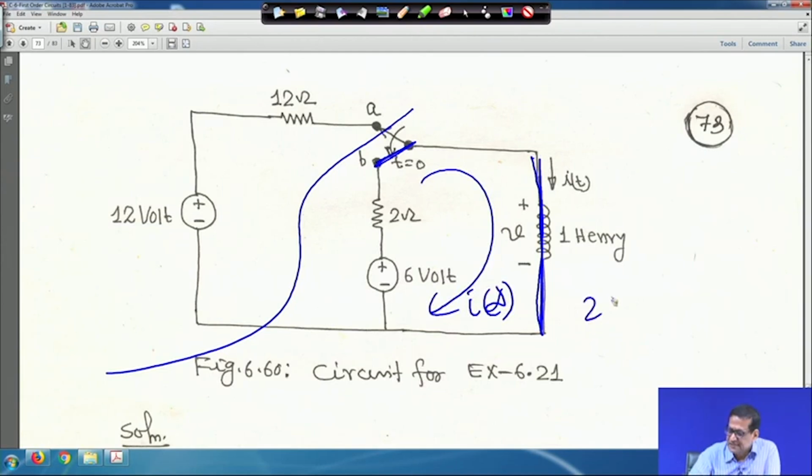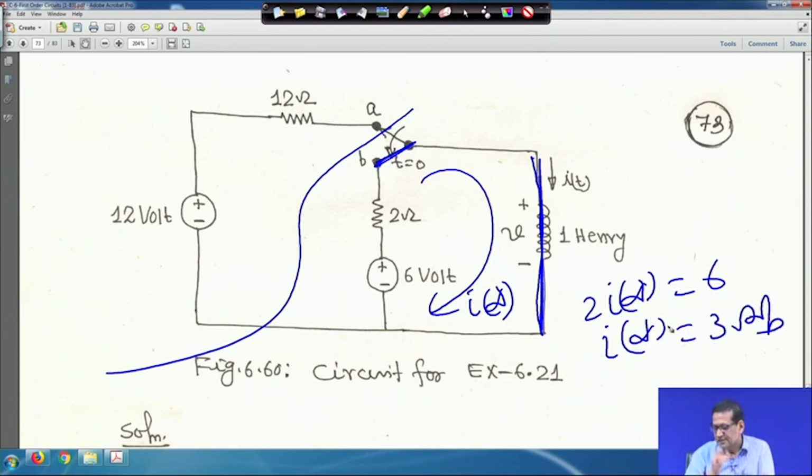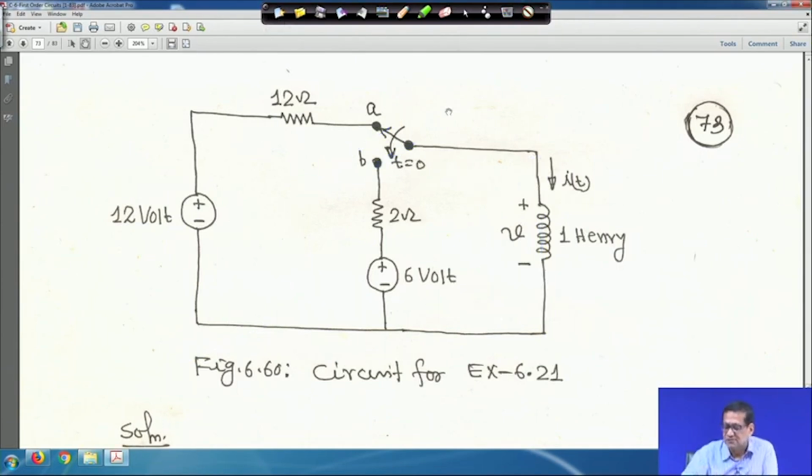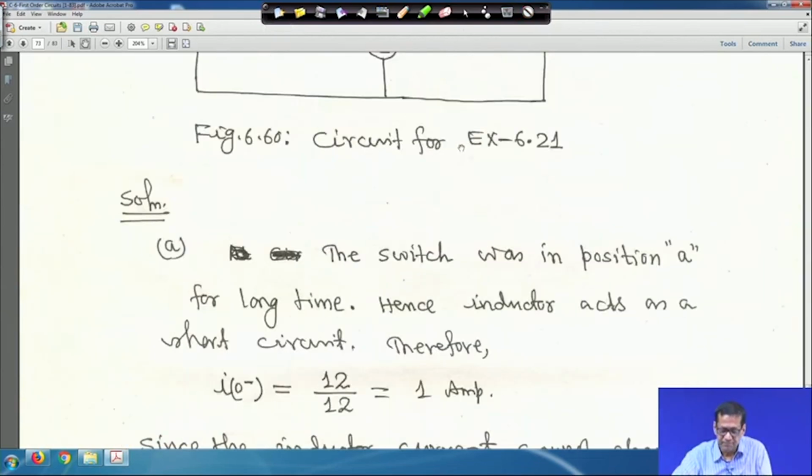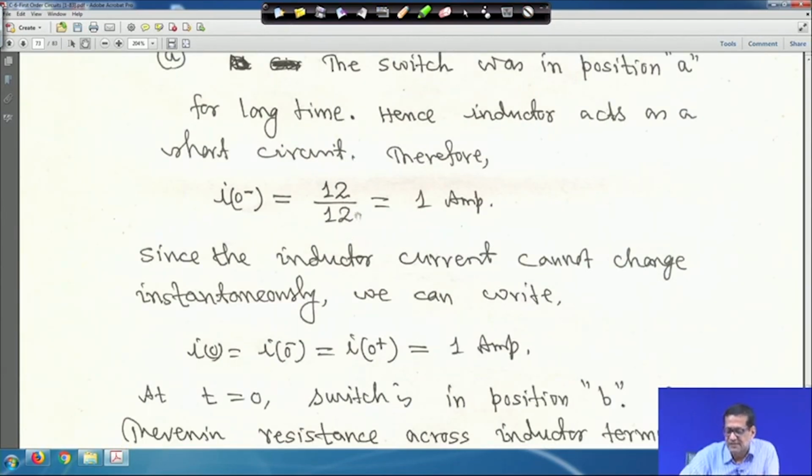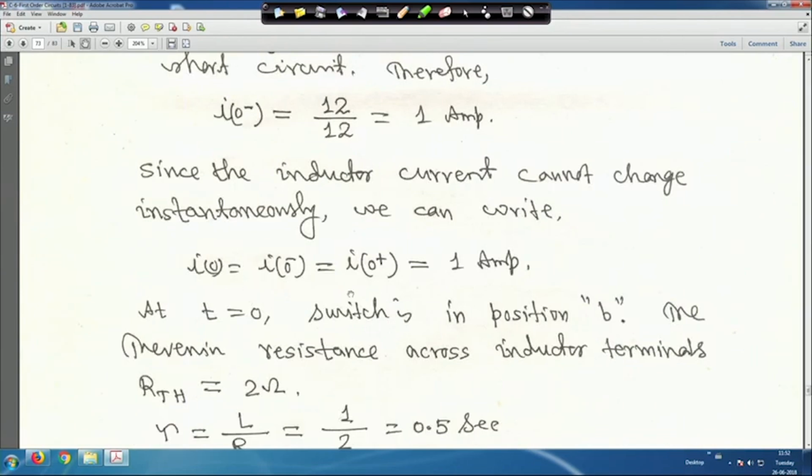So, in that case 2 into i(∞) is equal to 6, so i(∞) is equal to 3 ampere. So, i(0) is equal to 1 ampere and i(∞) is equal to 3 ampere. I told you i(0 minus) is equal to i(0 plus), that is 1 ampere.